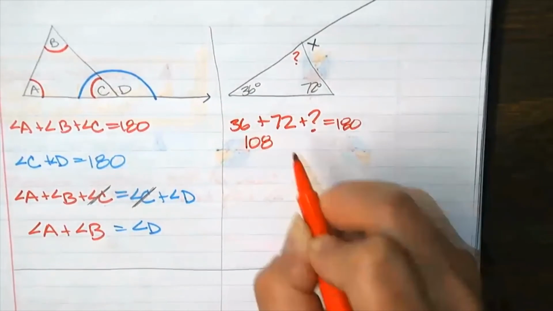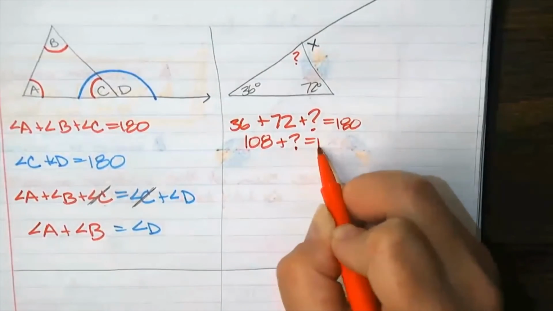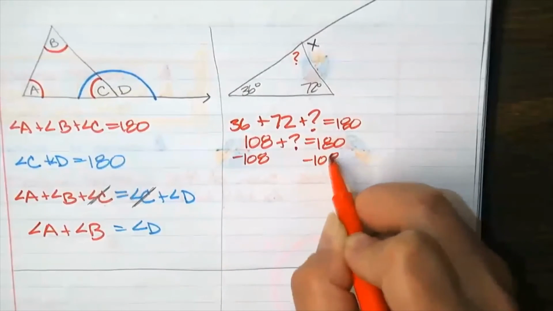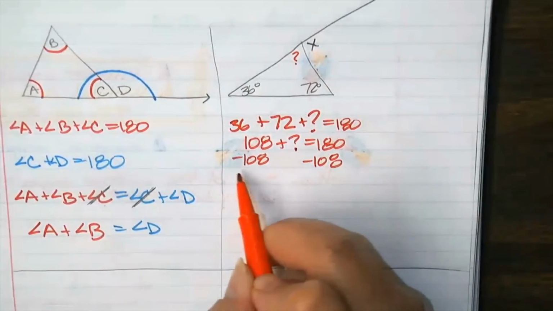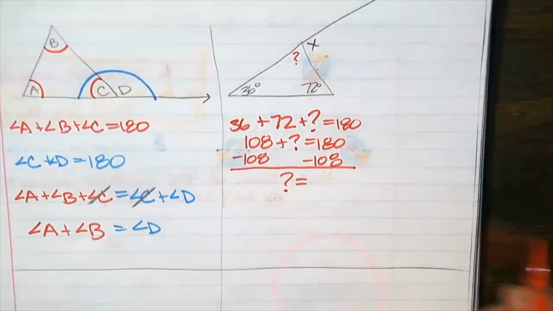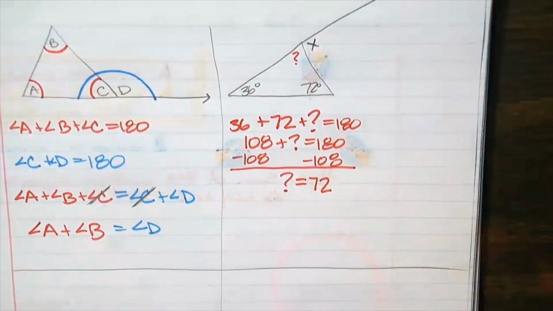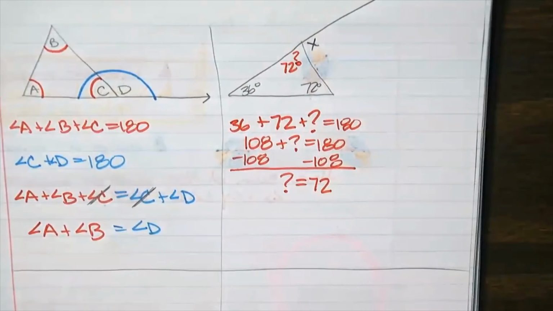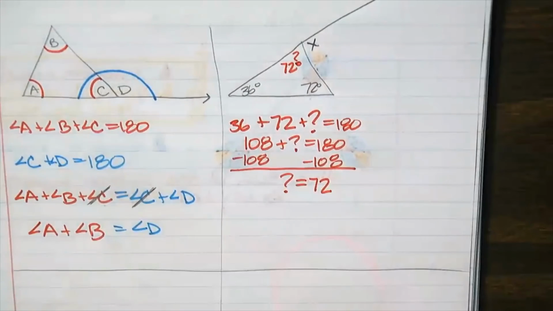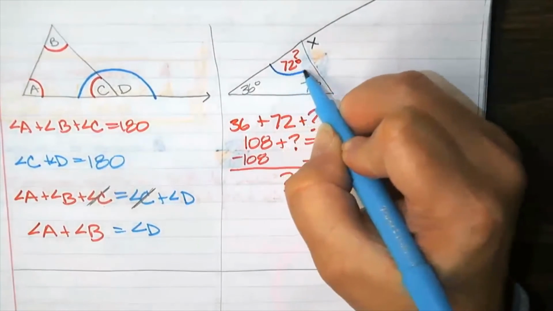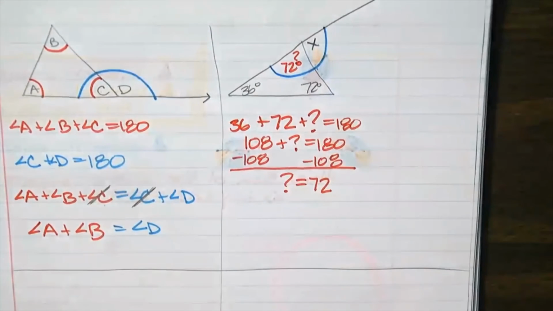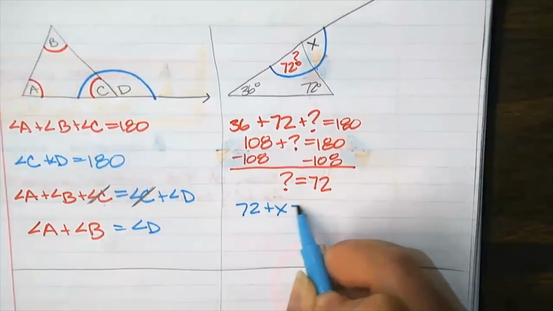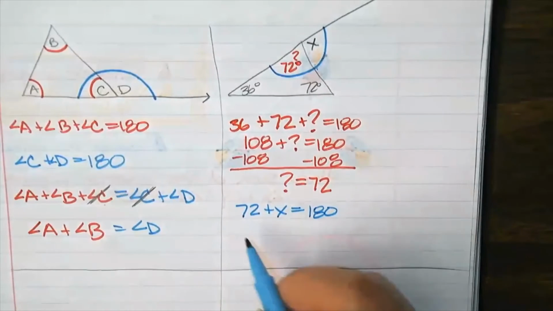We have 108 plus our unknown angle. This is algebra. Subtract 108. So this unknown angle is 72 degrees. Now we can use the idea of supplementary angles that form a straight line. 72 degrees plus X equals 180.